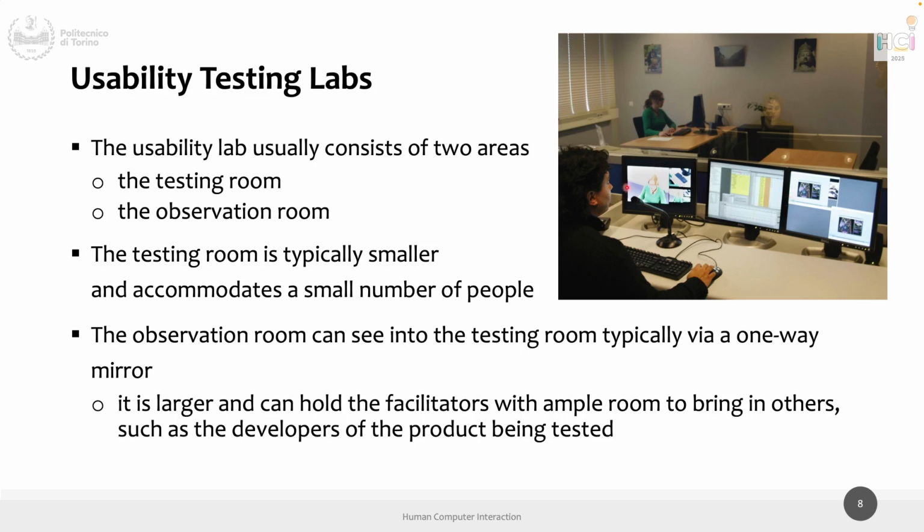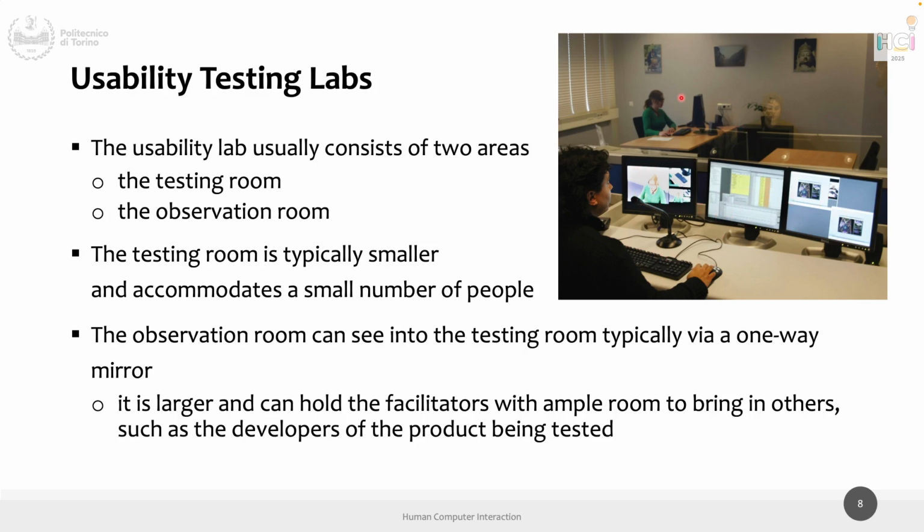Behind this glass you have the observation room, where the tester, the facilitator, observes. Here there is a camera that checks the participants, and there are screen sharing and other statistics. There is a microphone so the person can talk to the participant in the testing room.